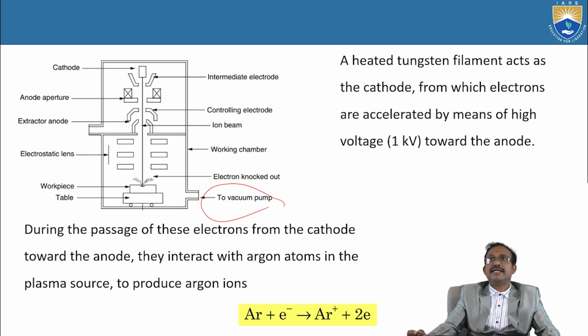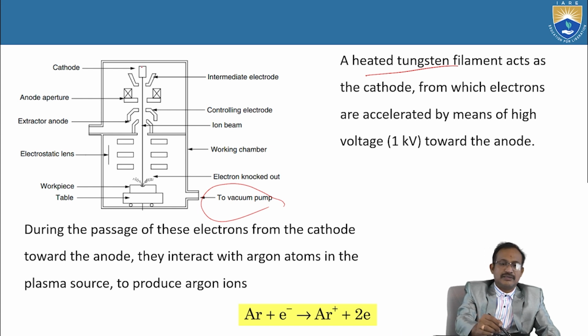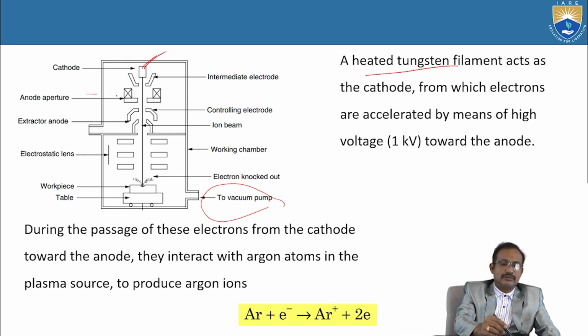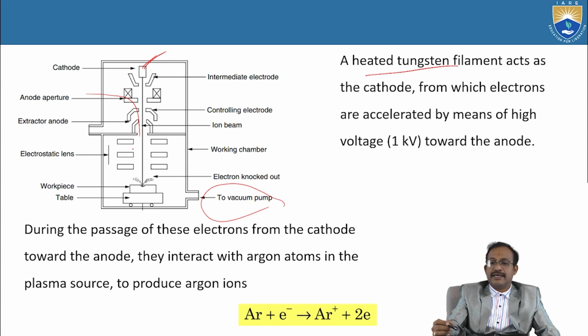A heated tungsten filament, this one, acts as the cathode, from which electrons are accelerated by means of high voltage, that is 1 kilovolt, toward the anode. So here the cathode material is tungsten.